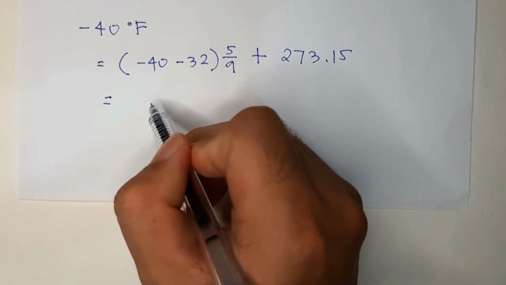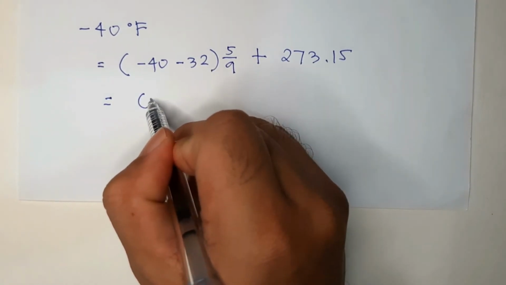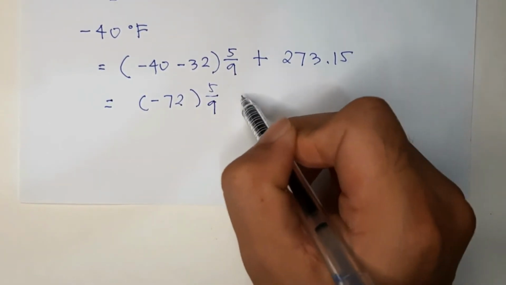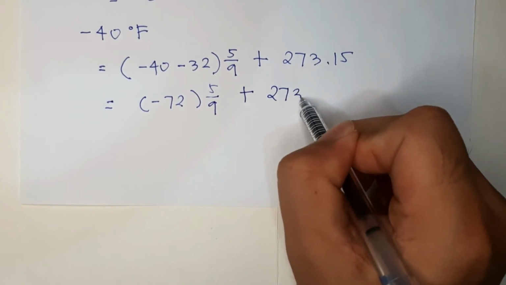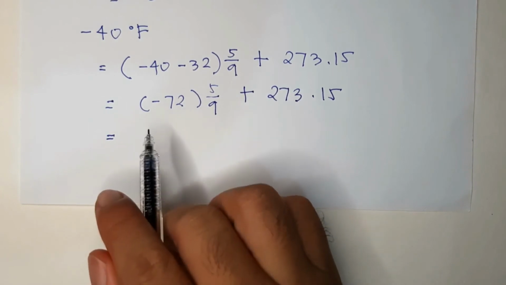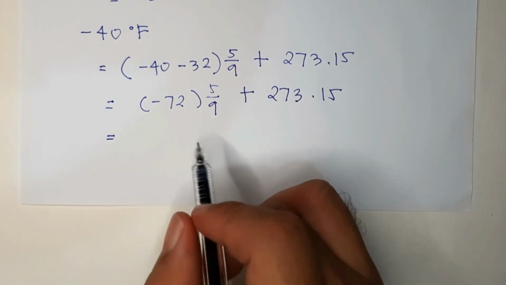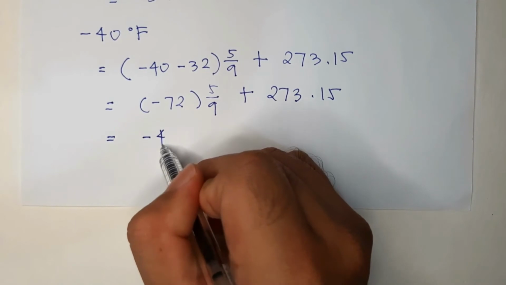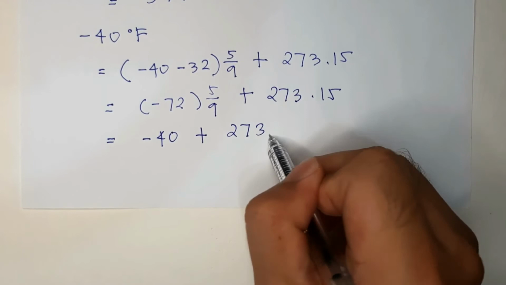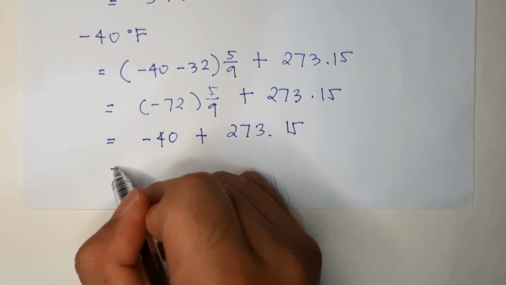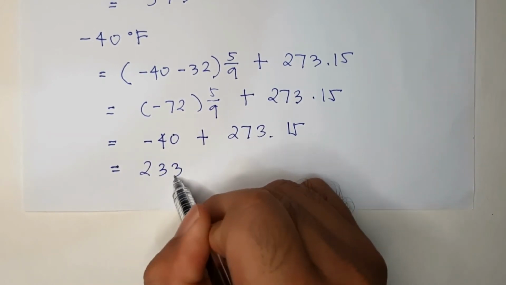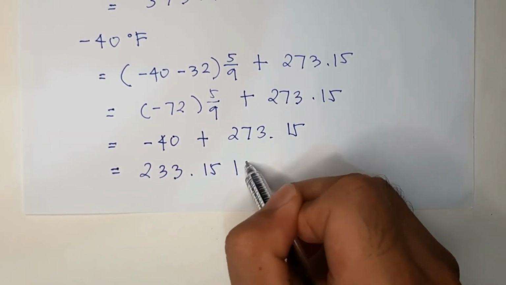Negative 40 minus 32 is negative 72 times 5/9 plus 273.15. Negative 72 times 5/9 is negative 40 plus 273.15. So the final answer is 233.15 Kelvin.